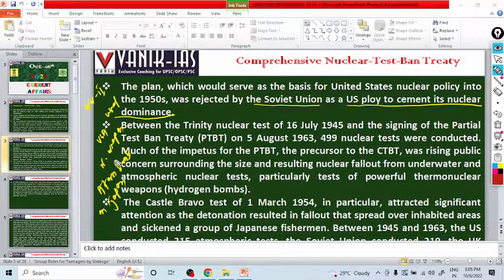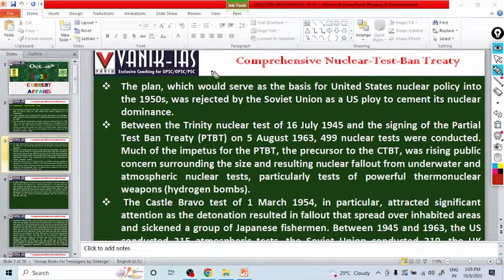Using atomic weapons during the Second World War, USA established its domination.